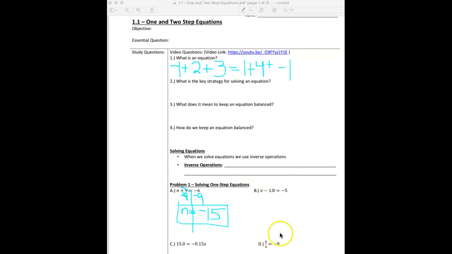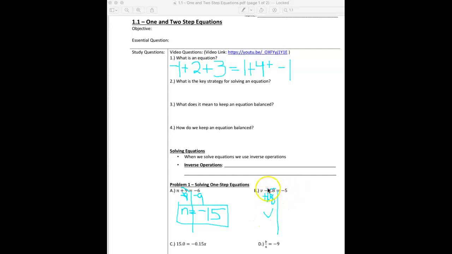Over here, I have v minus 1.8 equals -5, guys. Again, remember, your two sides of your equal sign can be shown by just drawing a line from the equal sign. Here you have your right side and your left side. Your variable's on the left, v, you want it by itself, so minus 1.8's got to go, so the opposite of minus 1.8 is plus 1.8, and that will zero out the 1.8, right? This will be 0, so I'll just have v left on this side.